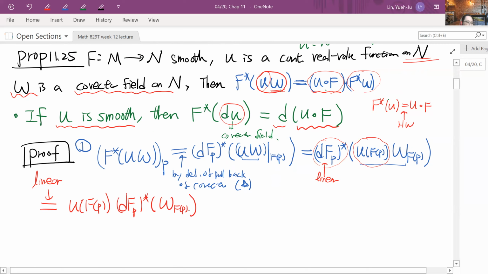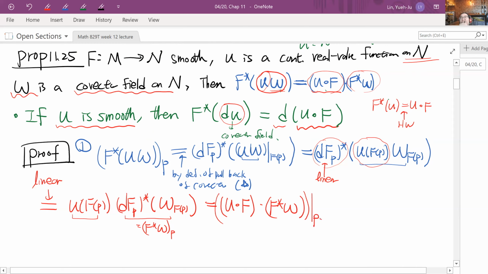And this is really the definition of the pullback of this covector field at P. So let me rewrite this: I can rewrite u of f of P as u of f, times the pullback of the covector field, and everything evaluated at P.